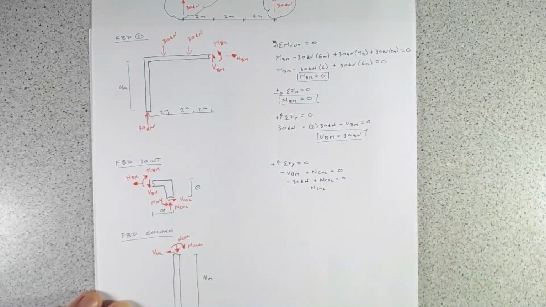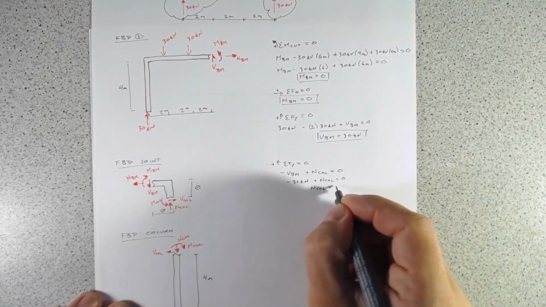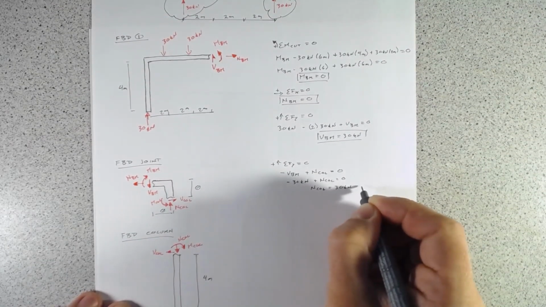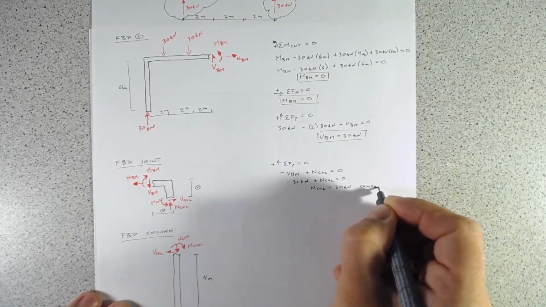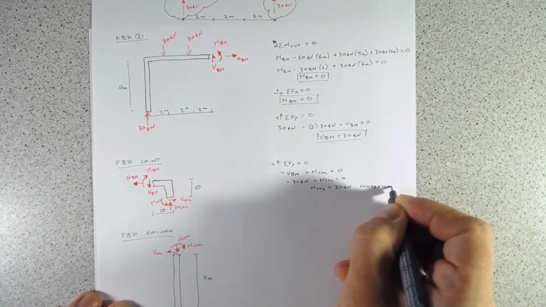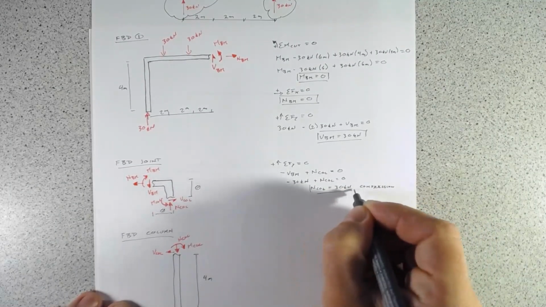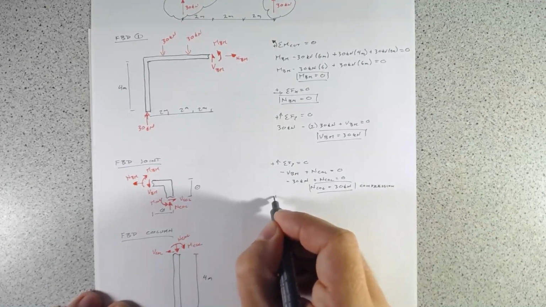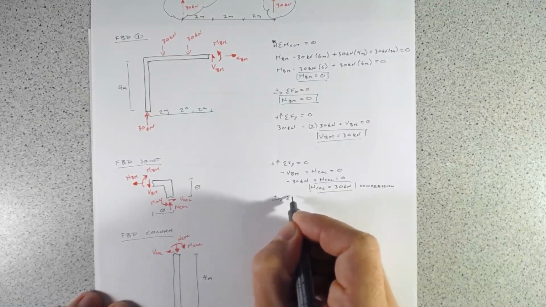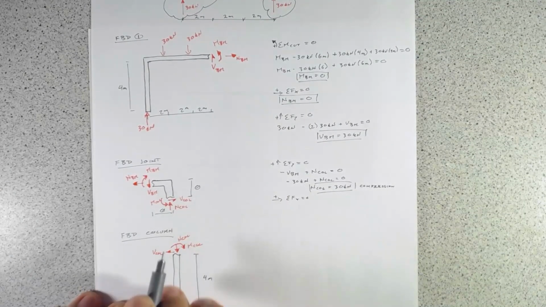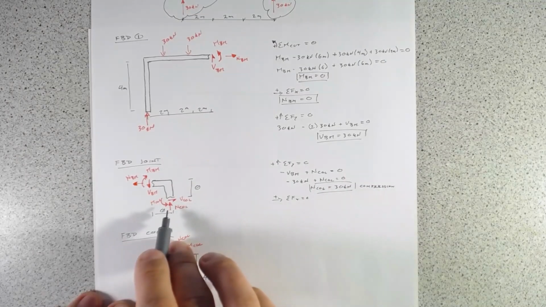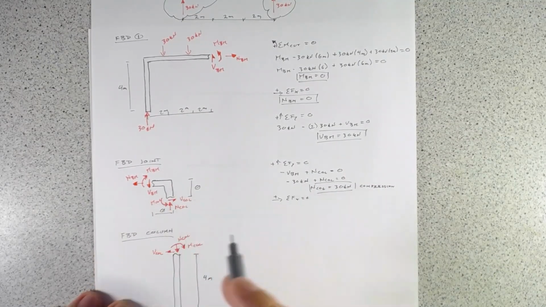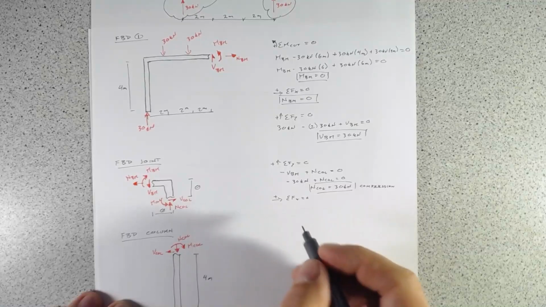The axial force in the column equals 30 kilonewtons in compression. Sum of the forces in the x will equal 0. Again, we have NBM equals 0, and so V column will equal 0.